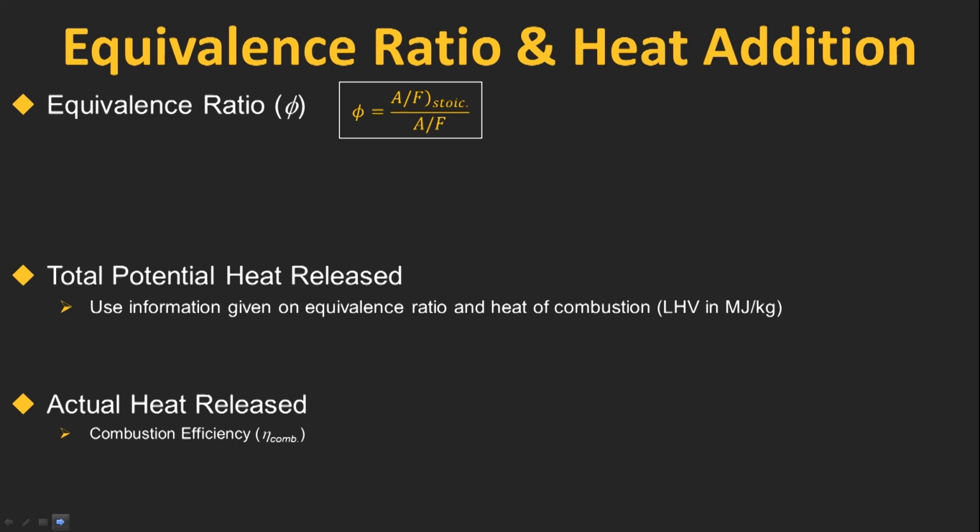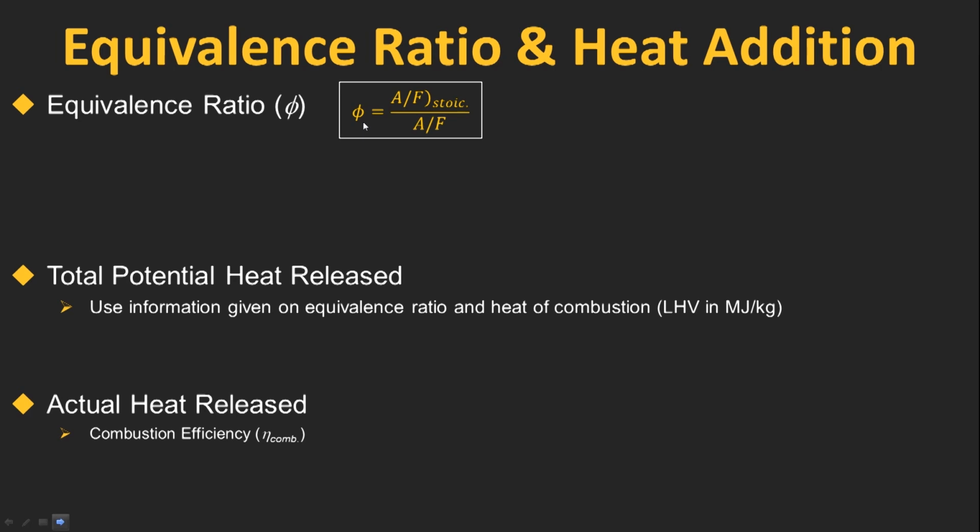The equivalence ratio is defined as the stoichiometric air-fuel ratio divided by the air-fuel ratio currently present. If phi equals 1, then we have air-fuel ratio at stoichiometric proportions. If phi is less than 1, then we have a fuel lean mixture where amount of oxygen is in excess of that required to consume all of the fuel.